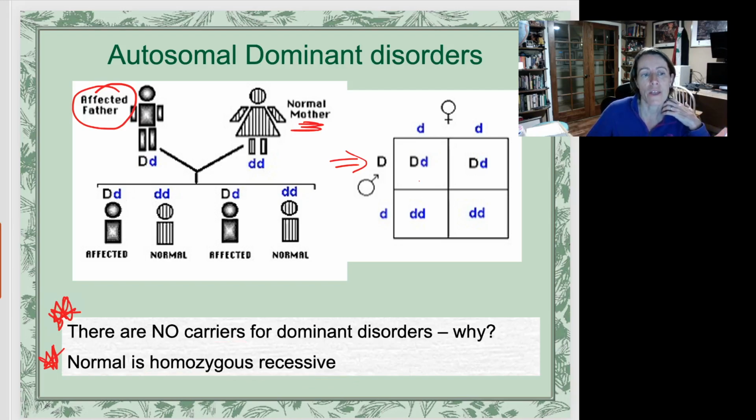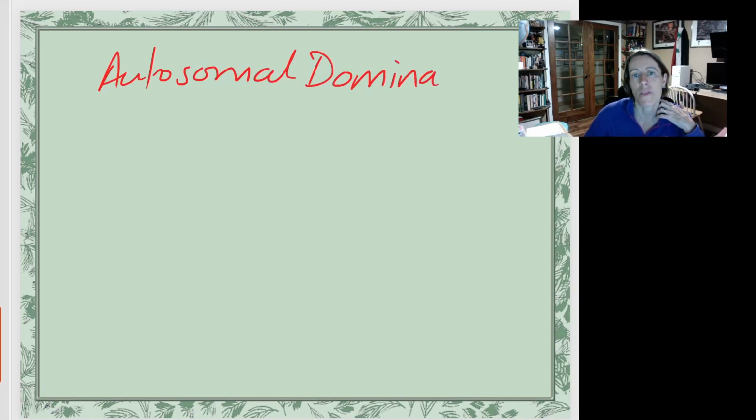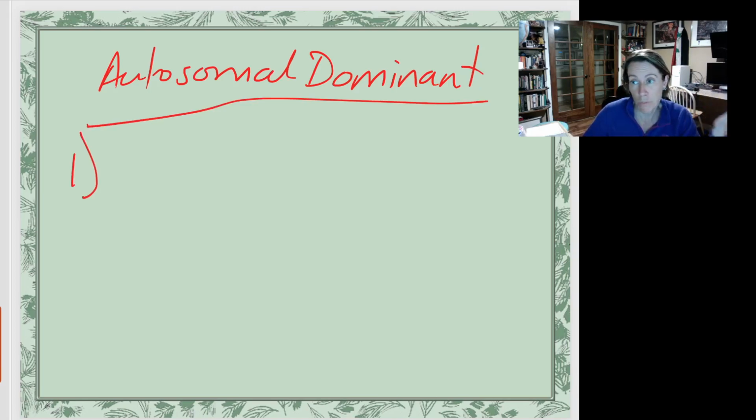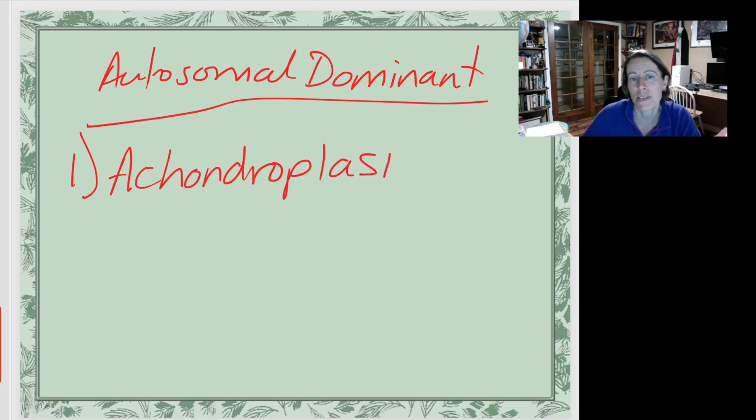Okay, so there are a couple of examples of autosomal dominant disorders. There are multiple, but the couple we're going to talk about in class are achondroplasia, which sounds like a very long name.